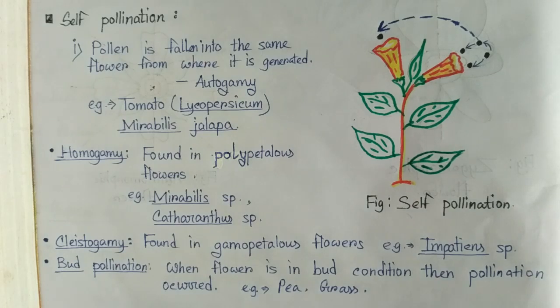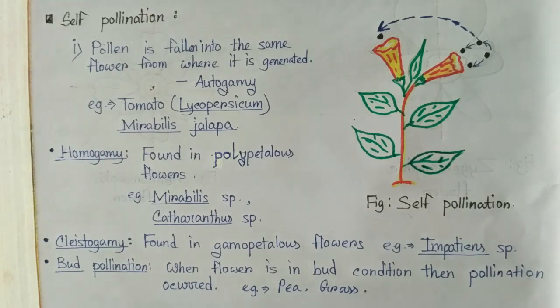Now, cleistogamy. Cleistogamy is found in gamopetalous flowers. We saw that polypetalous means where petals are not fused. But in the case of gamopetalous, petals are fused together. Sorry students, I can't find any gamopetalous flower due to lockdown.